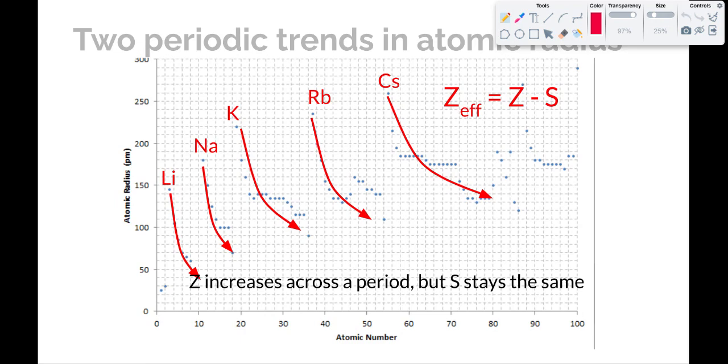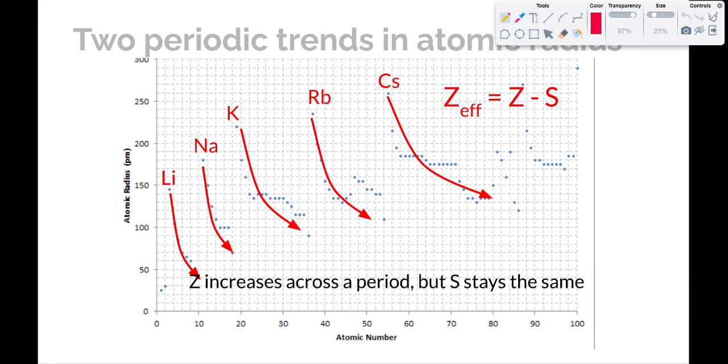And so we can think about an effective nuclear charge, which is Z effective in this equation up in the upper right-hand corner, as being the actual Z, the actual number of protons, the atomic number, minus the number of shielding electrons. The number of shielding electrons are the electrons that are in the shells that are lower than the highest shell. So that number, S, would be the atomic number of the noble gas that came before it.